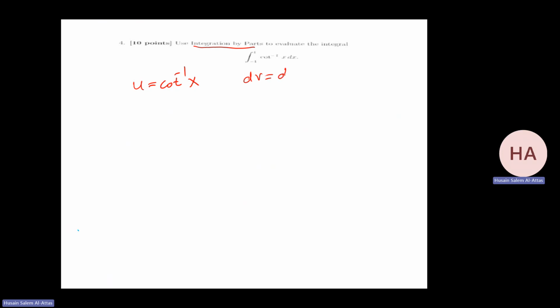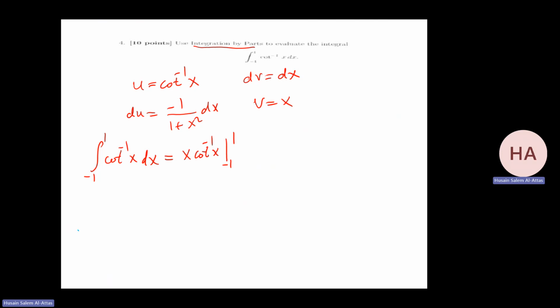And dv equal dx. So du is minus 1 over 1 plus x squared dx, and v equal x. So integral from where to where? From minus 1 to 1 of cotan inverse x dx will be x cotan inverse of x from minus 1 to 1, minus the integral from minus 1 to 1 of this times this, which is minus x over 1 plus x squared dx.